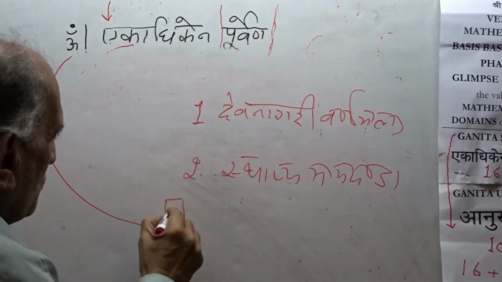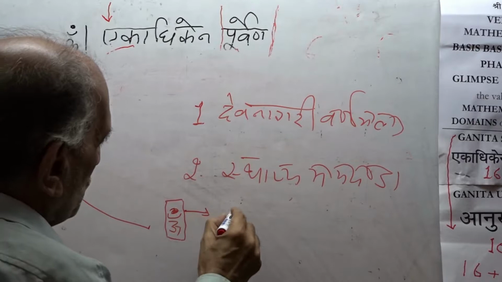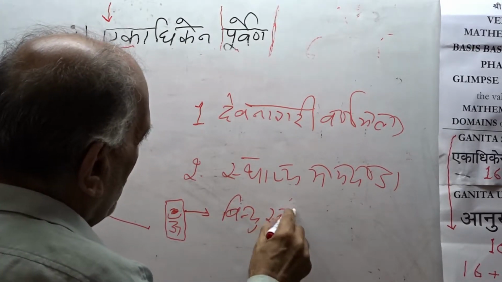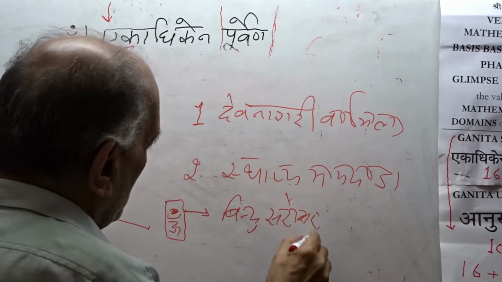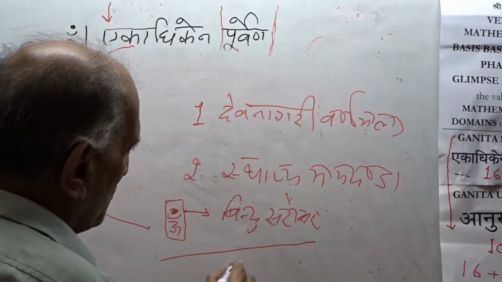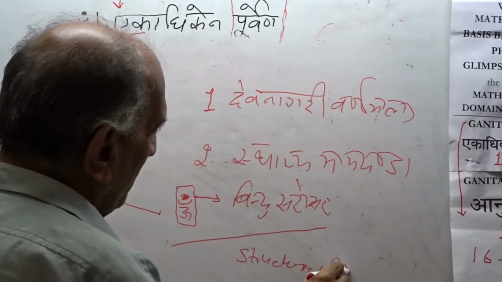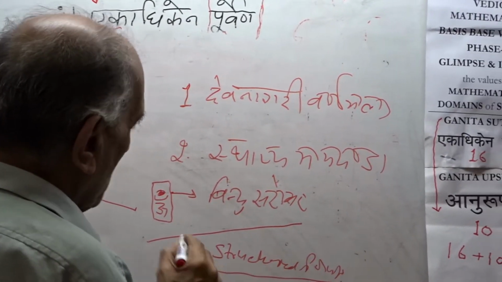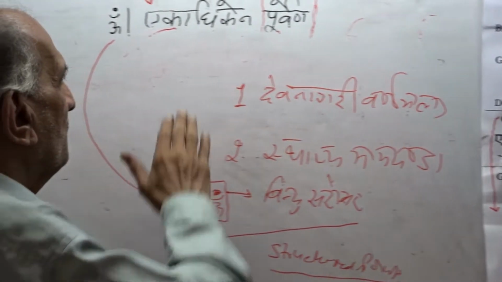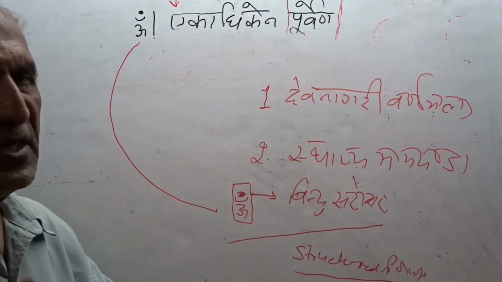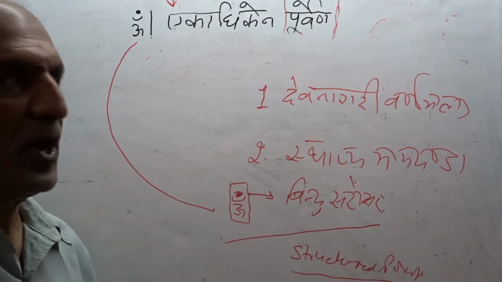It will be approached as a point, as a Bindu Sarovar, which means point reservoir, which in one way can be said as a structured point. Therefore, the mathematics of Ganita Sutras and the processing of the first sutra is to be taken in terms of the structured points.